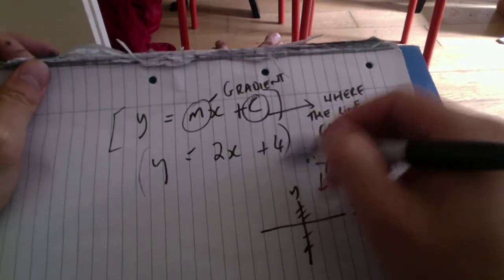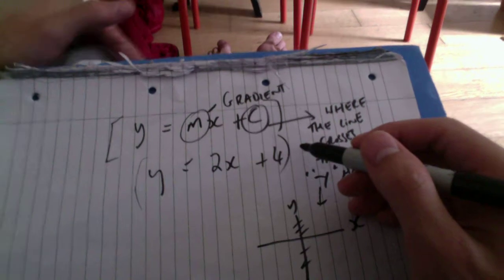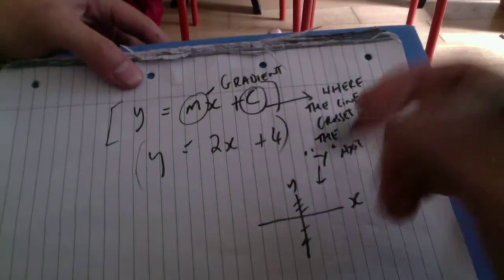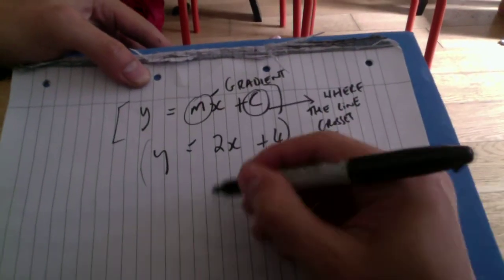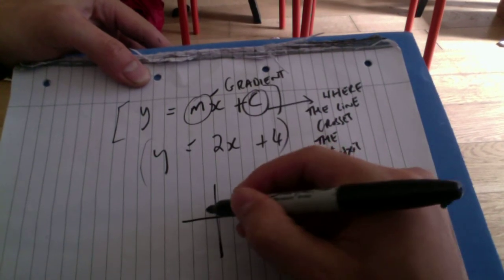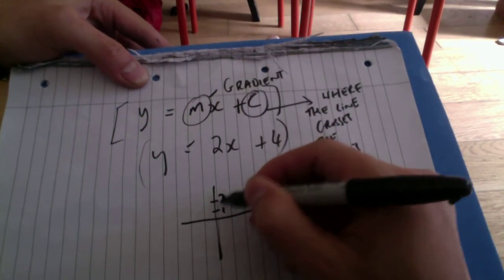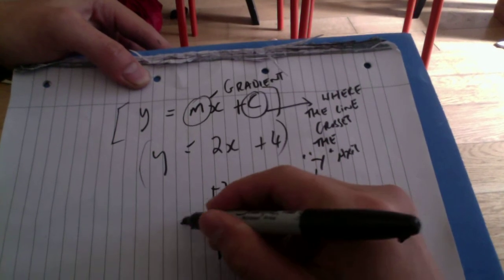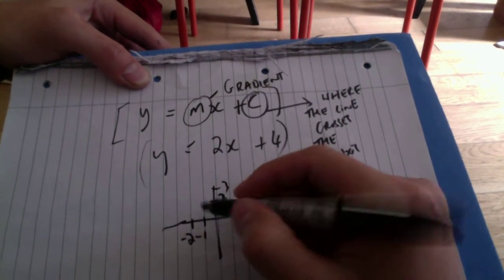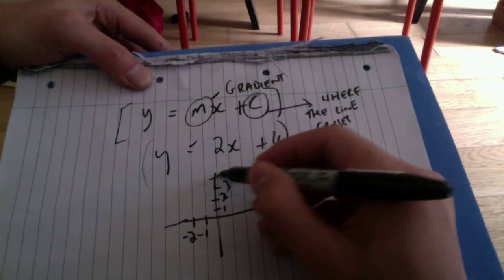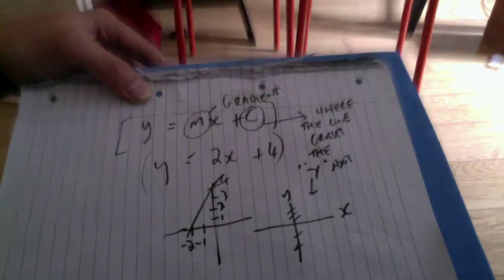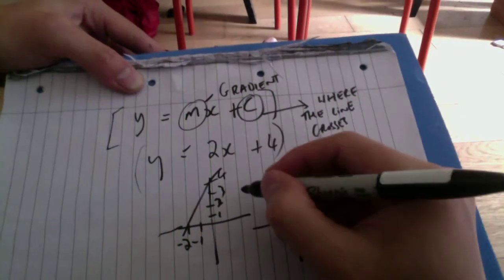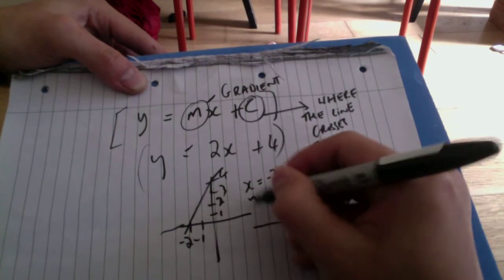So you've got this formula y equals 2x plus 4. Let's work out what the gradient is as well. In the example, you've got 1, 2, 3, minus 1, minus 2. If it crosses here, from here to 4, you look at the coordinates, so x equals minus 2, y equals 4.